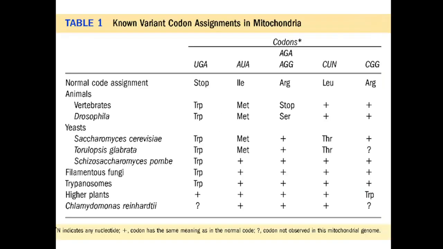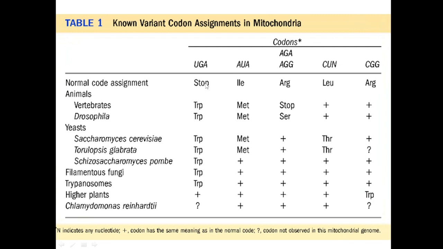And now you are going to see variants of different genetic codes. For example, in our mitochondria, tryptophan is coded by two triplets, for example in vertebrates.